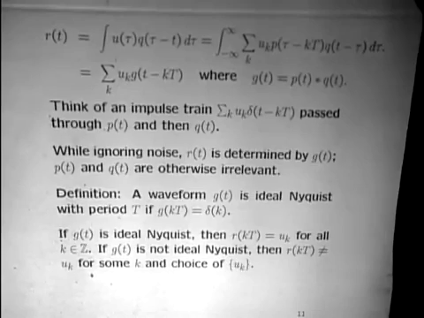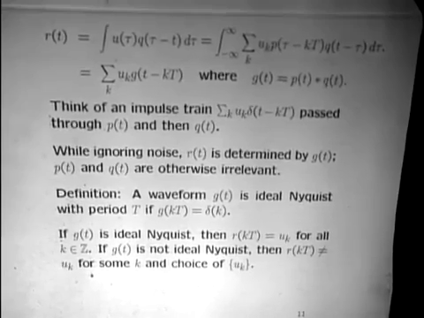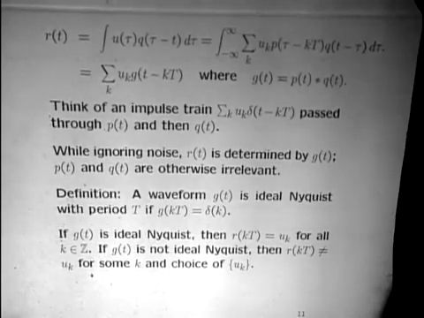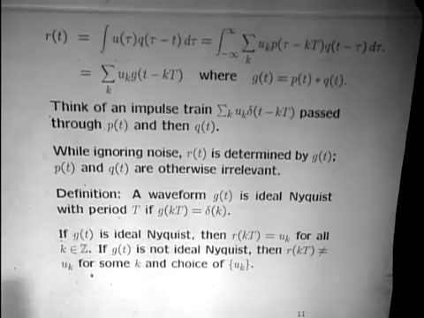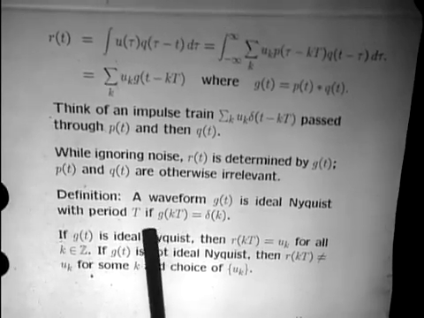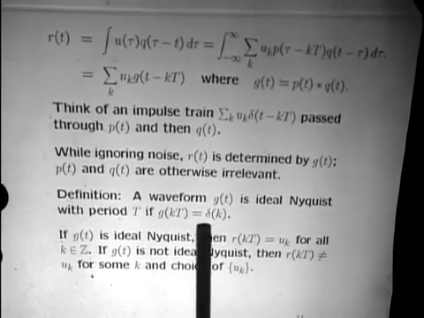Okay, then Nyquist said a waveform g of t is ideal Nyquist. He didn't call it ideal Nyquist. He was a very modest person. But since then, people call it ideal Nyquist because he was the guy that sorted it all out. It's ideal Nyquist with period T, and I'll usually leave out the period T because that's usually understood, if g of kT is equal to delta of k.